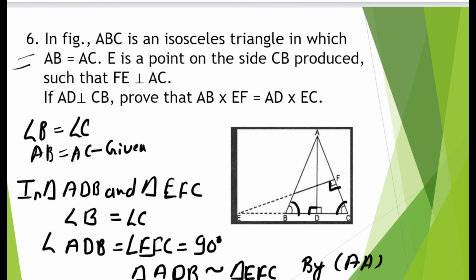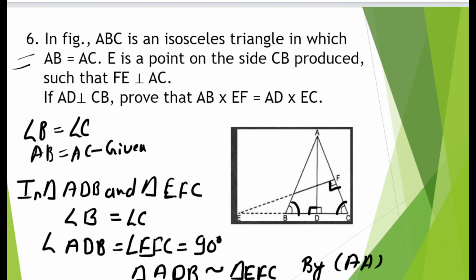Because AD equal to angle B and EF equal to angle C. Again, we know that here 90 degrees, opposite side of 90 degrees is AB and opposite side of 90 degrees is EC.